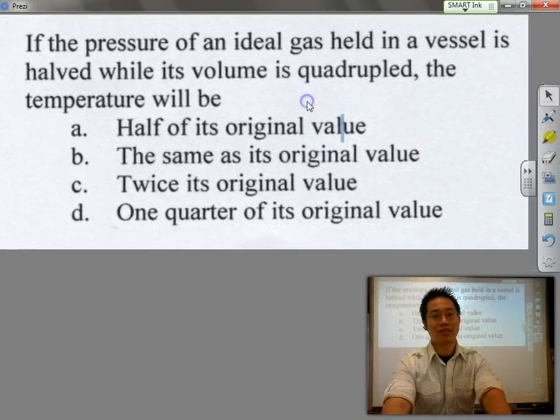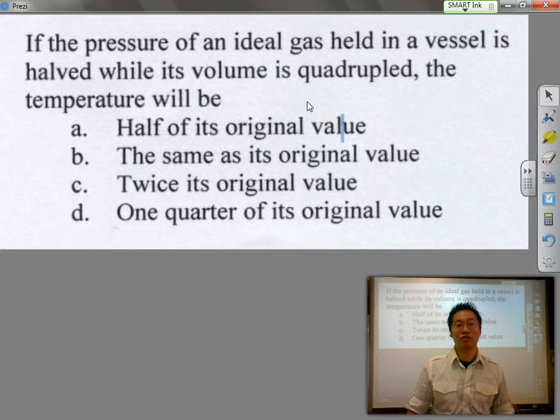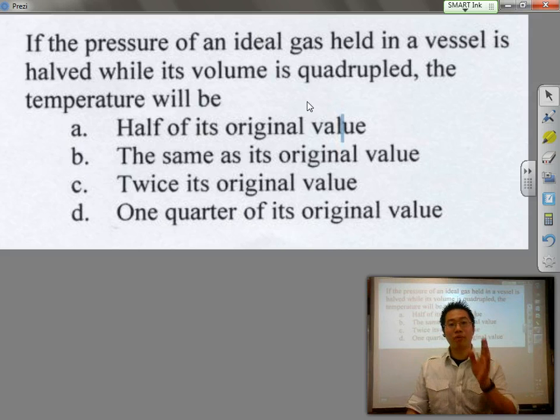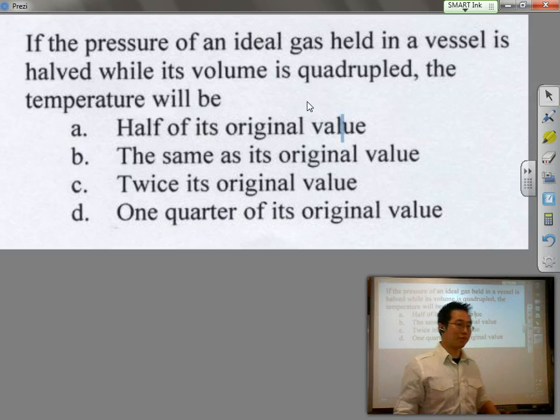Now, if the pressure of an ideal gas held in a vessel is halved while the volume is quadrupled, what happens to its temperature? Now, this is a multiplier question, but it's done a little bit differently, mainly because we don't want to know what the final multiplier is. Rather, we want to cancel out whatever multiplier is happening. Now, what does that mean?